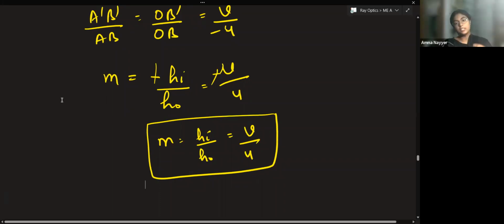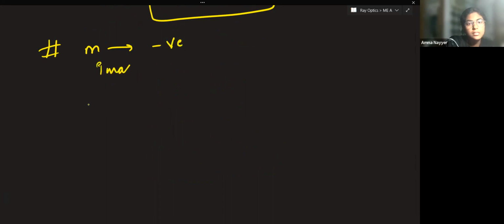Now, the conditions will remain the same, which you have studied for the mirror. If magnification comes negative, your image is real and inverted.